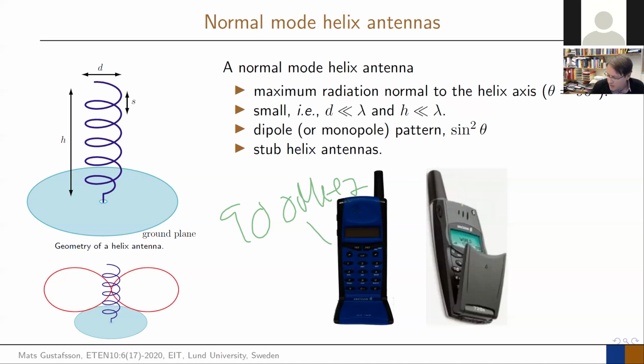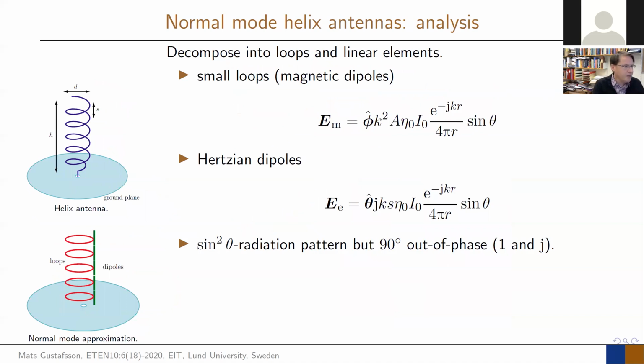So we should understand a little bit of the radiation of these ones. So this normal mode helix. If we start looking at it, we start thinking, how do I analyze this? I mean, this is a complicated antenna. You could put it into FEKO, you could simulate it in FEKO, but let's make a simplification. If you think about the helix that comes up here, it's rolling around up there.